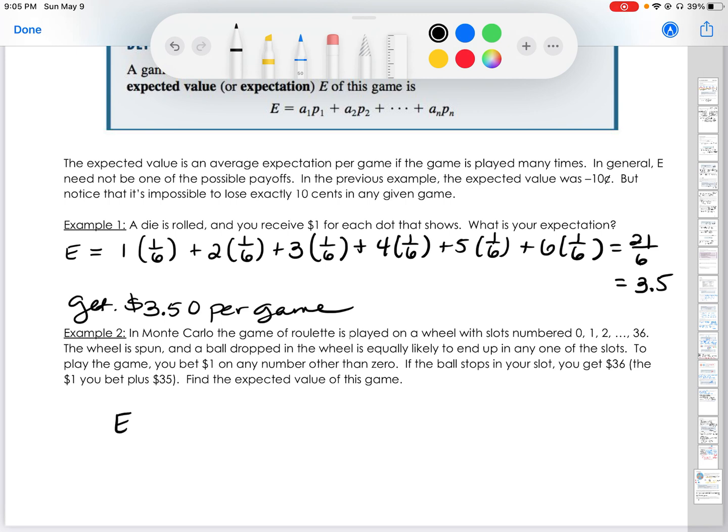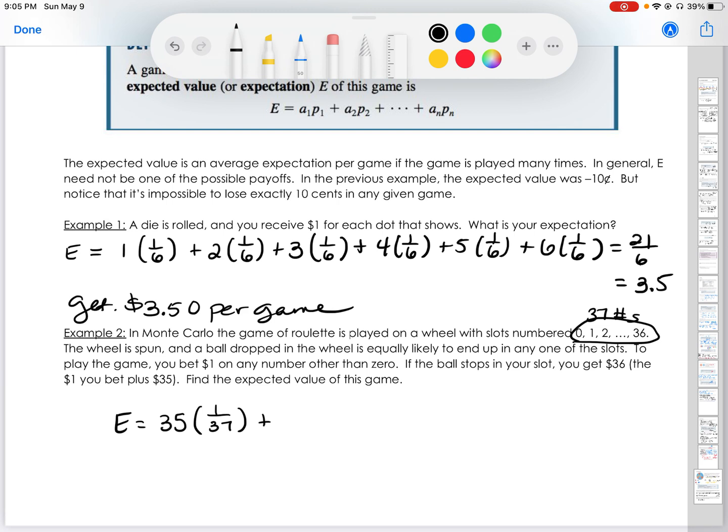All right, well, you are going to gain $35 with the probability of 1 out of 37. Remember, this is actually 37 numbers here, right? 0 included. So you should get $35 as long as it lands on the one that you picked. So that's 1 out of 37.